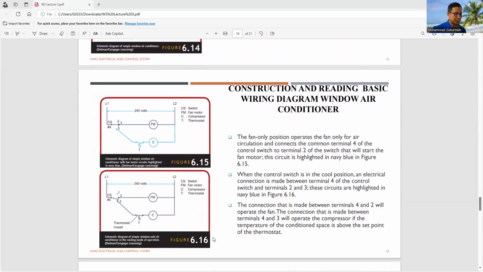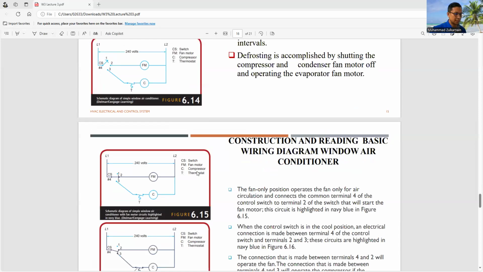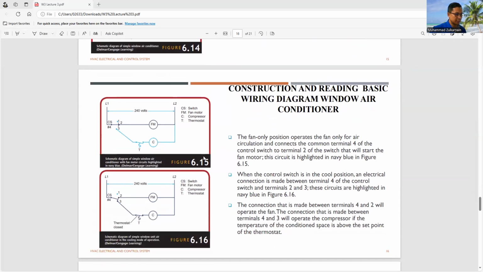Another example is the same like that. Maybe still in the window air conditioner example, they can simplify by phrasing words. So actually, what happened is once the sensor closes from point one to point two, what happens is it operates both. The sensor will operate both together, the compressor and also the fan.